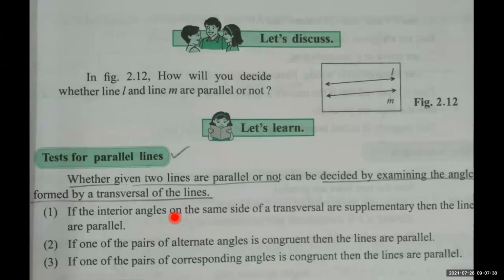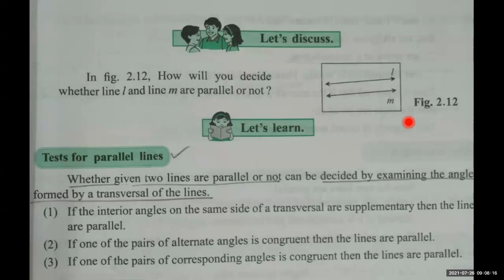Okay, now the second point, the second test for parallel lines: if one pair of alternate angles is congruent, then the lines are parallel. Now, if the alternate angles formed by those two lines and their transversal are congruent to each other, then the two given lines are parallel.